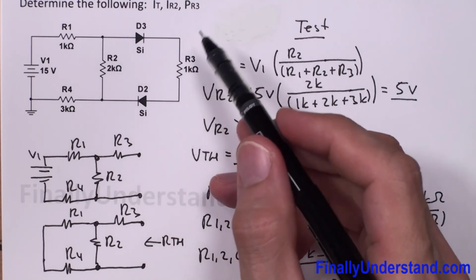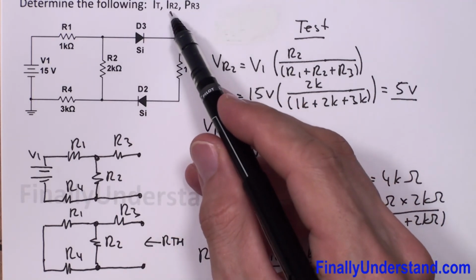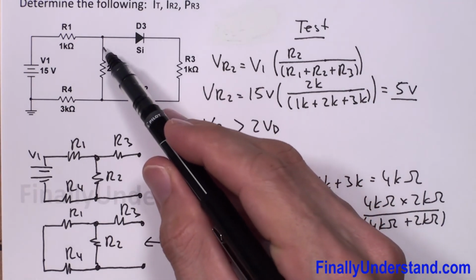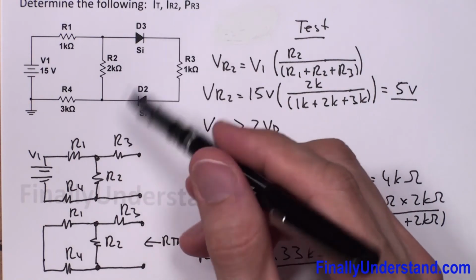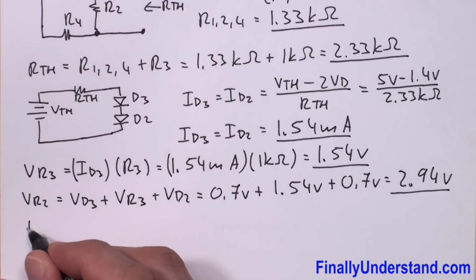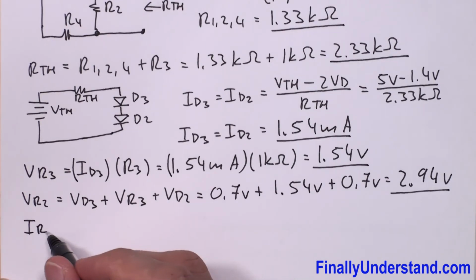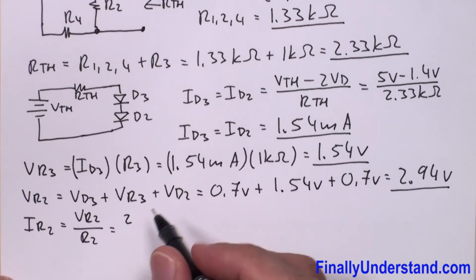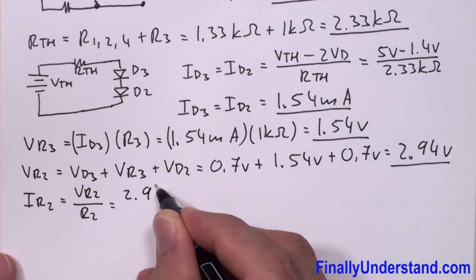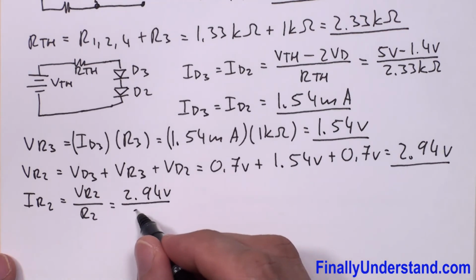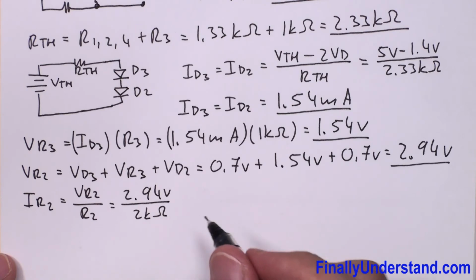The problem is asking me to find IR2, the current which will go through this resistor. So if I have voltage across this resistor and I have resistance, I simply use Ohm's law to find the current. So IR2 is equal VR2 over R2, where VR2 is equal 2.94 volts over R2, which is equal 2 kilo ohms.